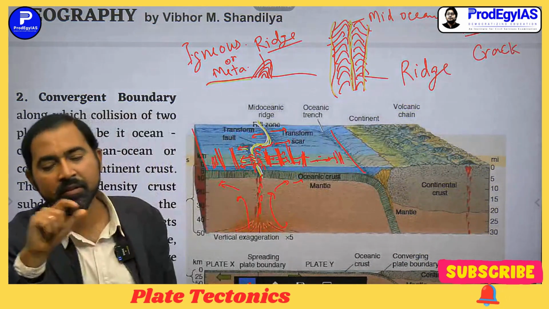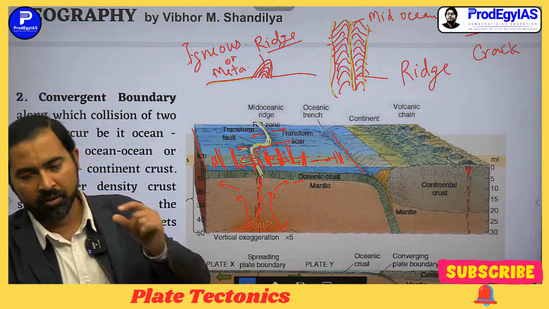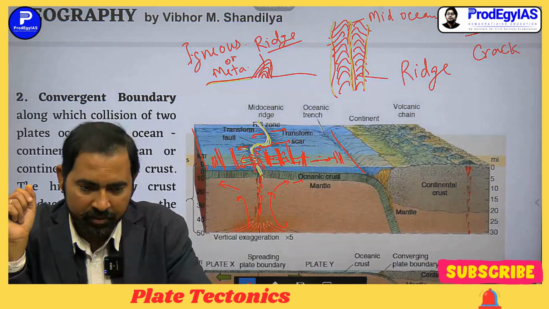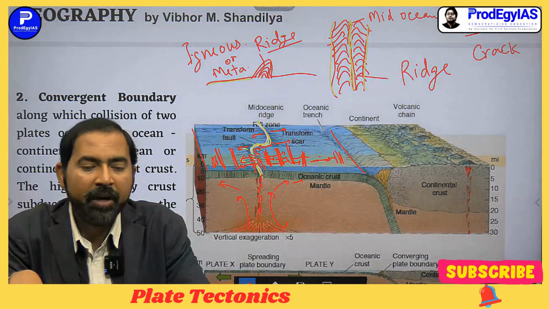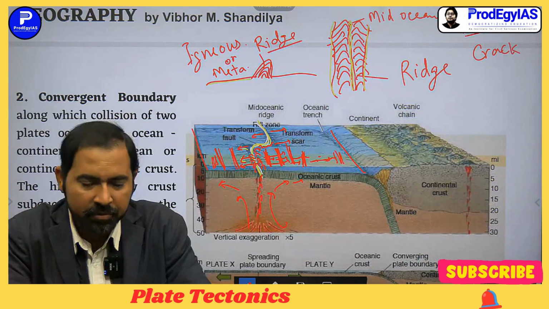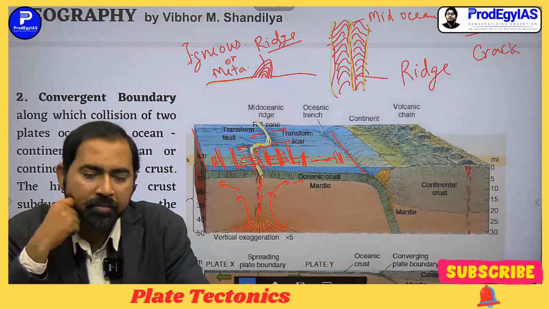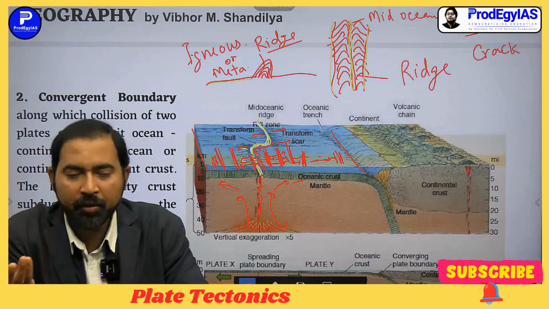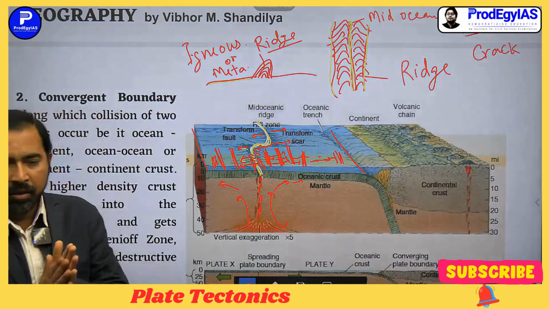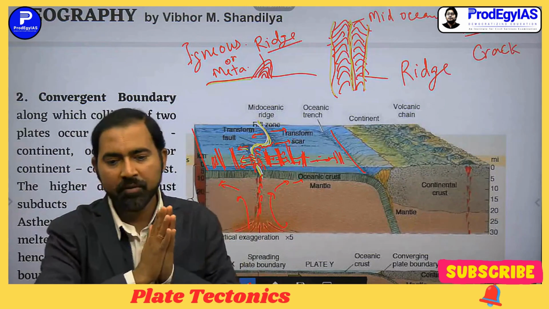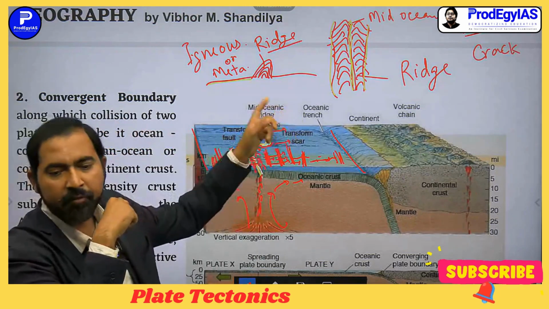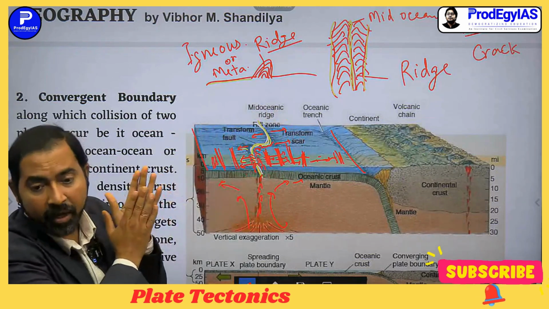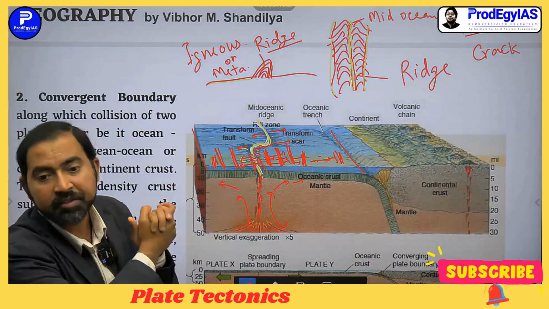The second factor is the climate process system, meaning the endogenetic and exogenetic processes in combination with the particular climate where the rock is found. They make the particular landform, and that also needs time. For making a particular landform, a particular time span is required. This ridge is not formed in a single year or in 10 or 100 years. It can require thousands of years for its formation.